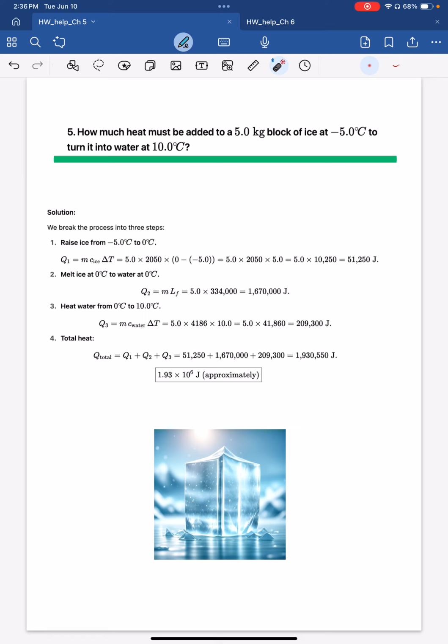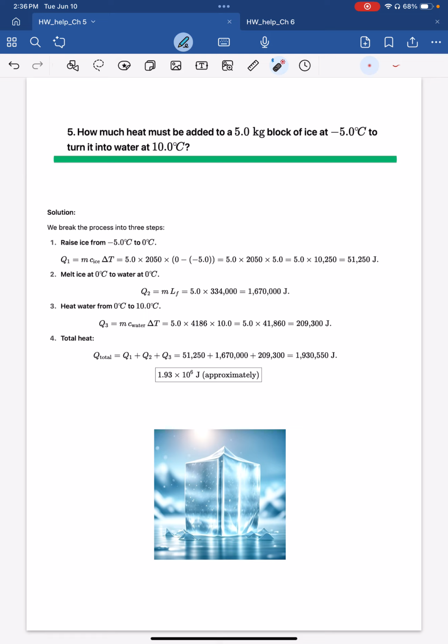That's not true. When you heat this block of ice, at first its temperature has to go from -5 to 0 degrees Celsius, which is its melting point. So ice will not melt unless its temperature reaches 0 degrees Celsius. So in this question, there are two parts.